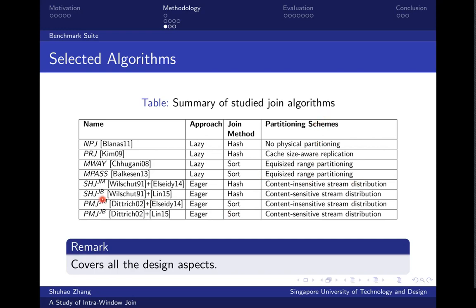Take note that for the eager join algorithms, their partition schemes are based on either the join matrix or join biclique partition schemes, where the join matrix, short-termed as JM, is a content insensitive stream distribution scheme, while the join biclique scheme, short-termed as JB, is content sensitive.